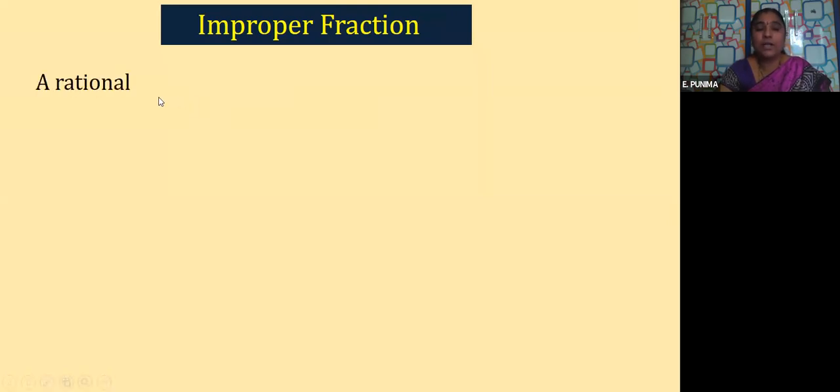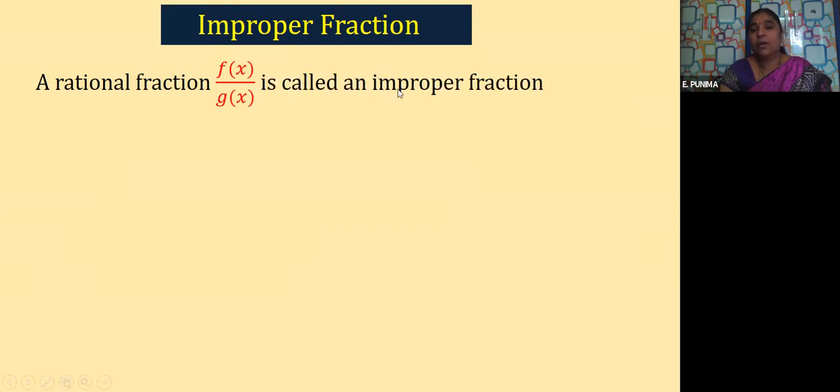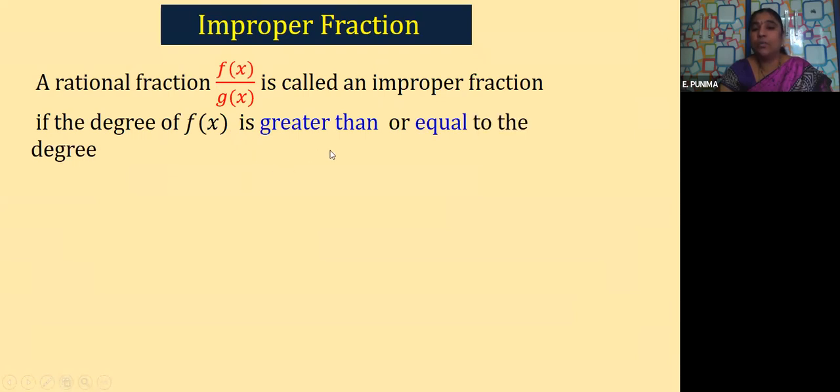Then what are the other two cases? A rational fraction f of x by g of x is called an improper fraction if the degree of f of x is greater than or equal to the degree of g of x.